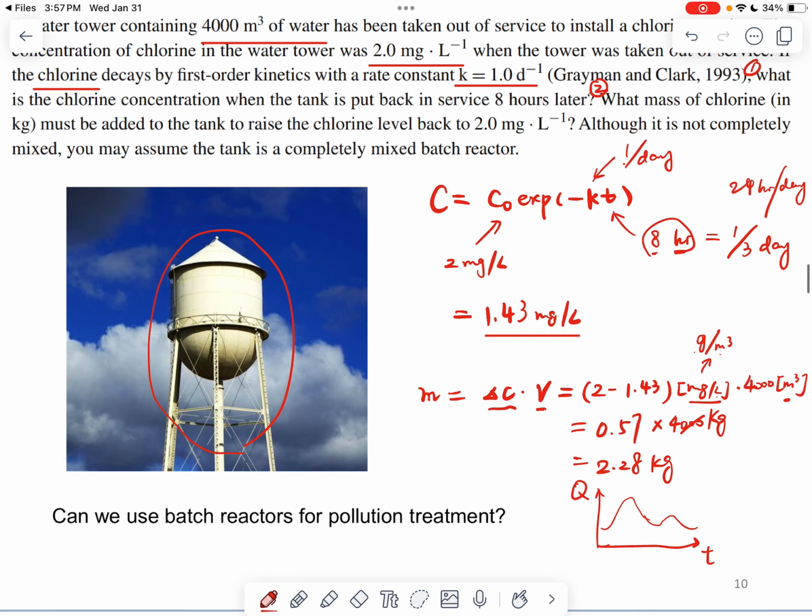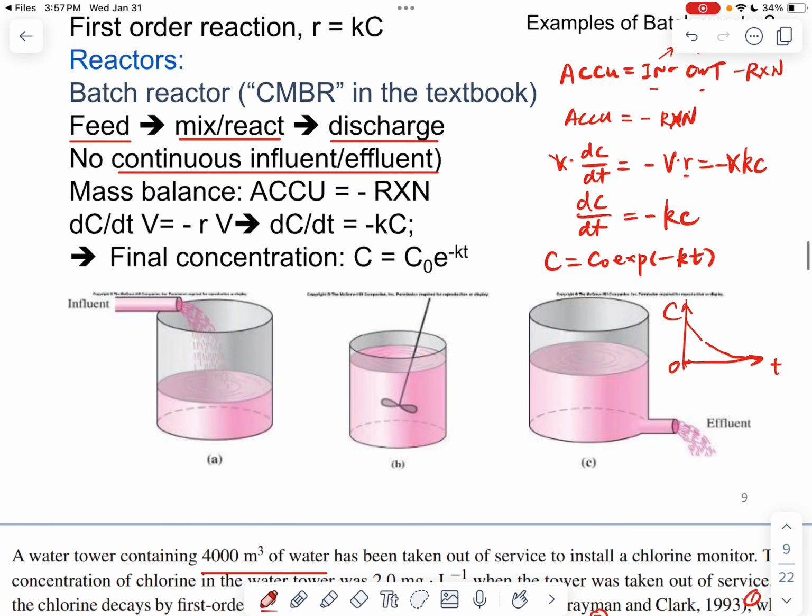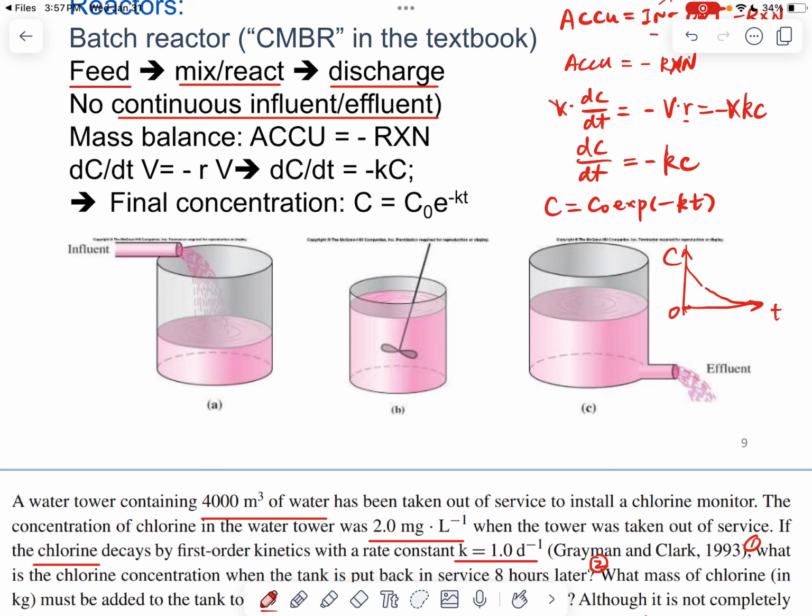So then the problem for the batch reactor is that every time you operate the batch reactor, you have to cut off the inflow and outflow as introduced here. There's no inflow and outflow. So you have the problem of, well, you have a continuous inflow of the wastewater, but you have to isolate the reactor so you can let the reactions happen in batches. Then it's kind of like you have to tell the households or the industry, well, please do not generate the wastewater right now because we need to let the reaction happen in batches, right?